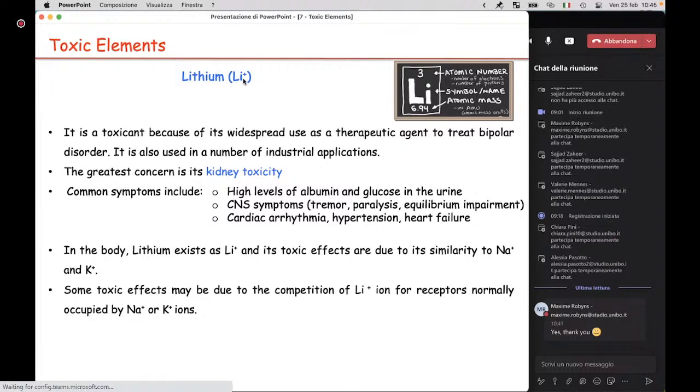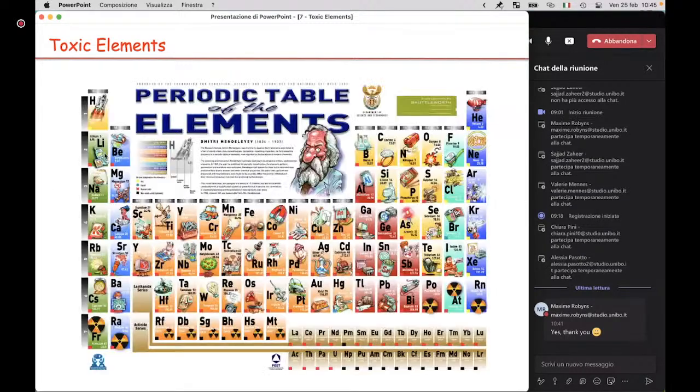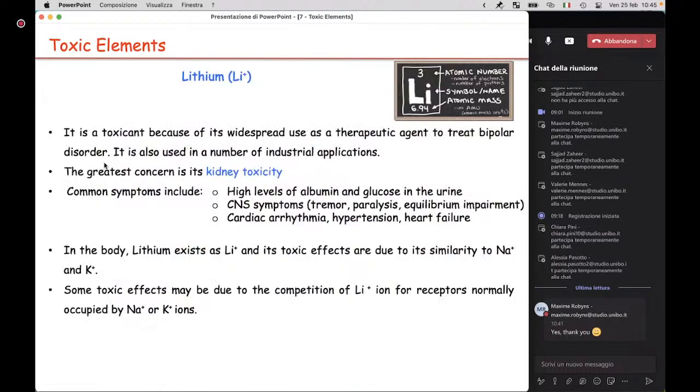Lithium is also used in many industrial applications. All batteries in our cell phones, and nowadays really in most portable electric instruments or apparatus, are powered by lithium batteries.